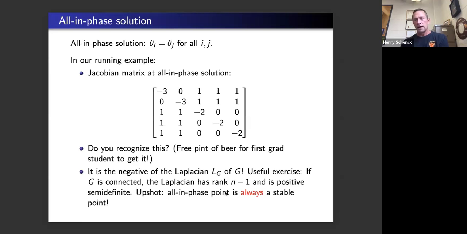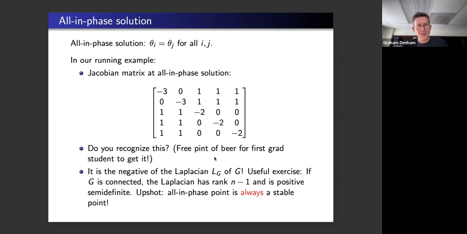Well, here, it's easy to check because it's the negative of the Laplacian. Indeed, then we have all but one eigenvalue negative. And so the all in phase solution is indeed a linearly stable solution, and hence a stable solution. So this was sort of a long-winded sanity check, but at least we see that this all in phase solution is a stable solution.